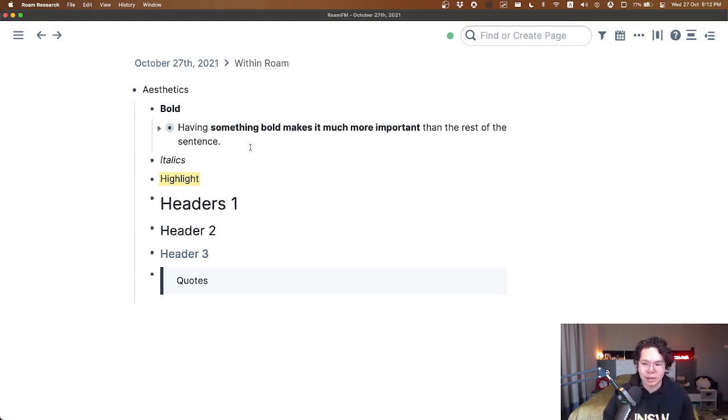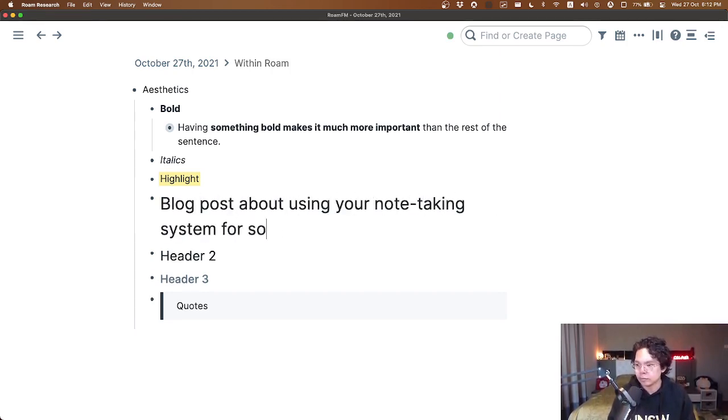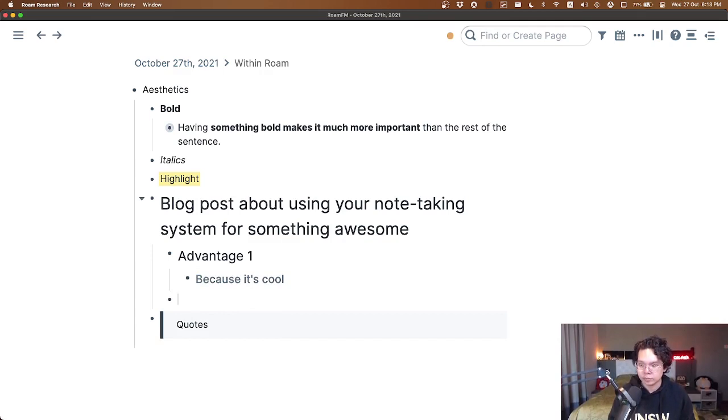Headers make more sense. The font size of a block can determine its hierarchy immediately at first glance. So if you have a header 1, when I am just going through my own page or my own graph, I can just look at this header.